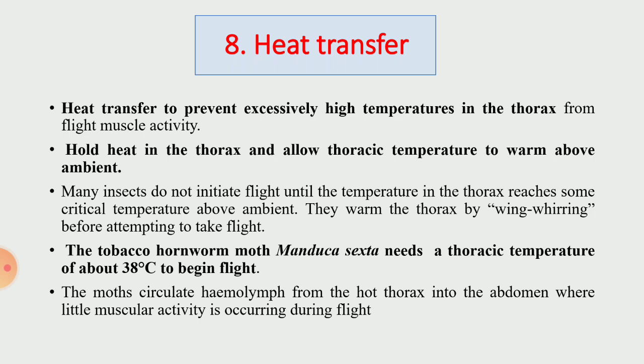Control of thoracic temperature is probably important to many insects in flight when the thoracic wing muscles generate much heat. Many insects do not initiate flight until the temperature in the thorax reaches some critical temperature above the ambient. They warm the thorax by wing whirring before attempting to take flight.